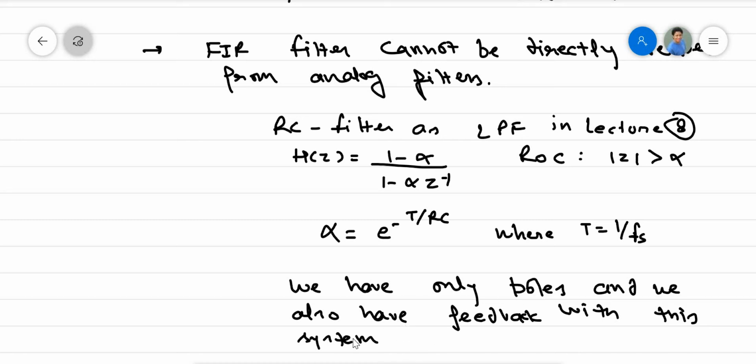So in that particular case we have seen that there is a feedback involved. So this particular filter is IIR, which we have discussed in lecture number 8.